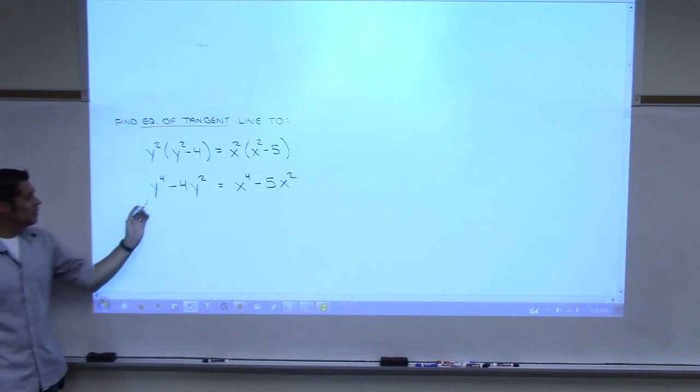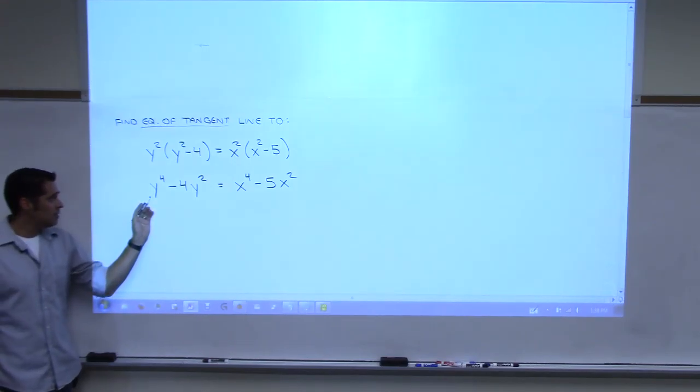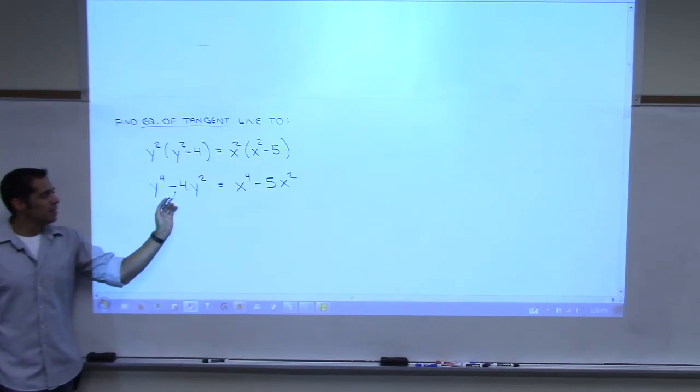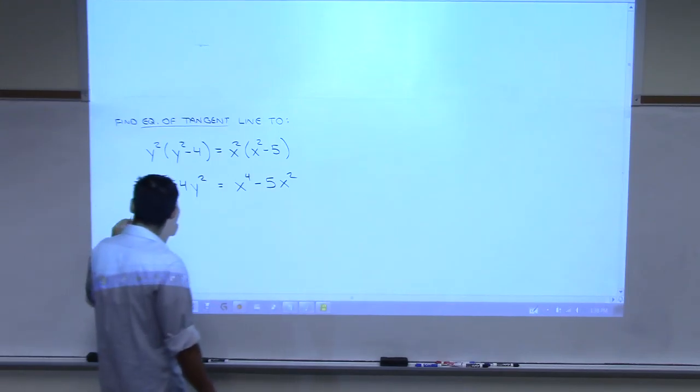So I'm going to take the derivative of this with respect to x, which will be what? 4y cubed dy dx minus 8y dy dx. Okay, good. That's your chain rule happening.